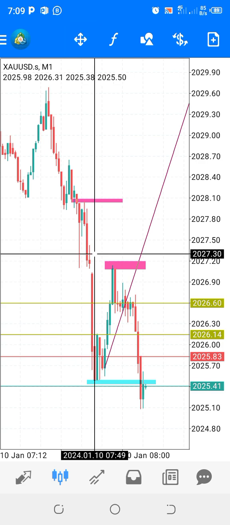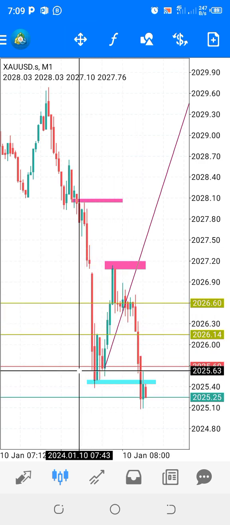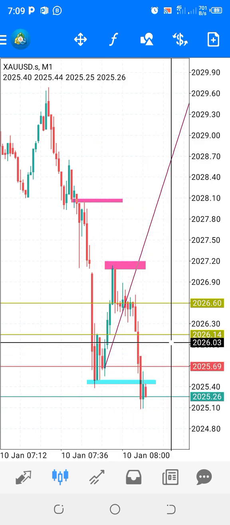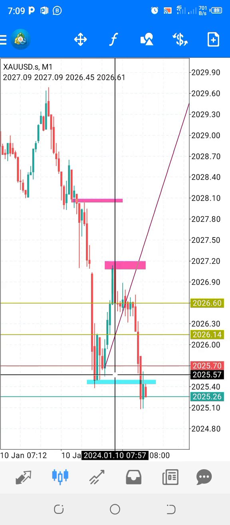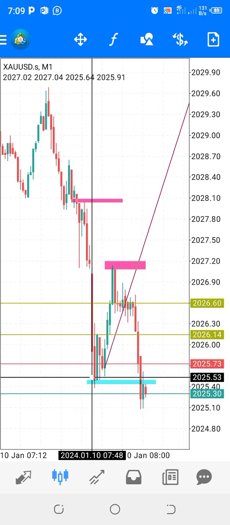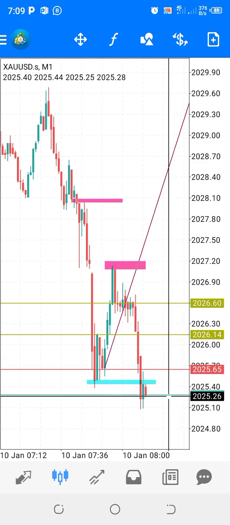In this session, I want to discuss what I title the ultimate entry formula to watch for, in plain sight. I'm going to take my discussion from the charts, starting from this bearish candle all the way down here.